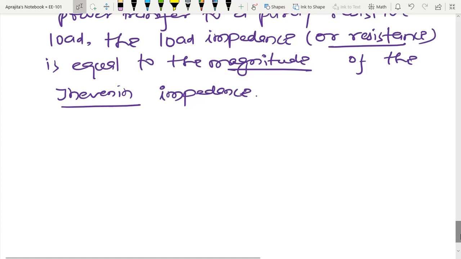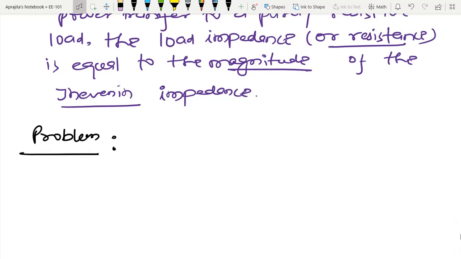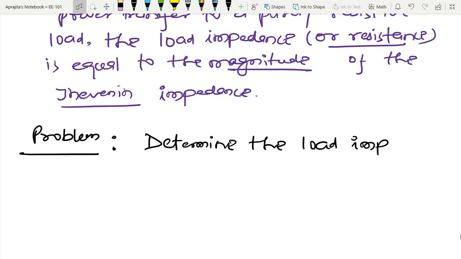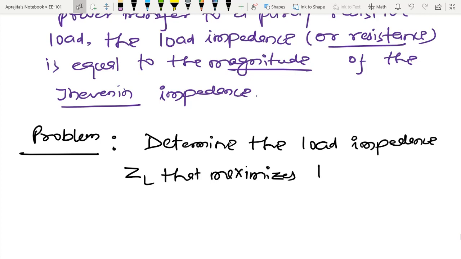The problem of today's class is like this: determine the load impedance ZL that maximizes the average power.